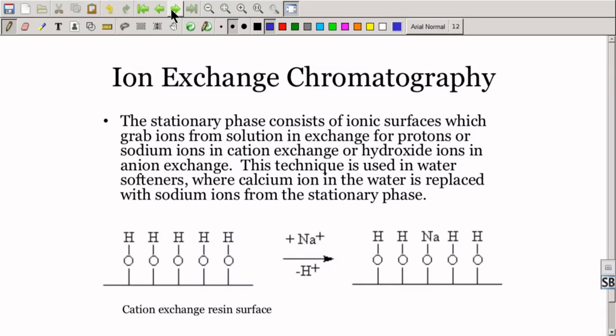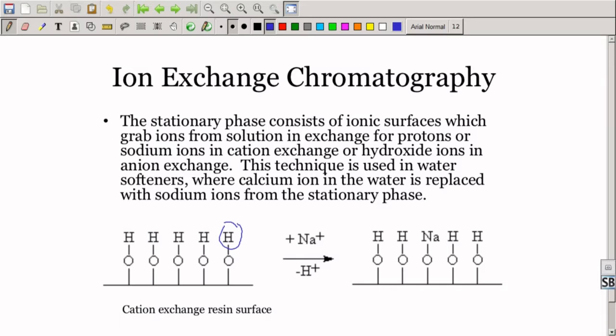Classic ion exchange chromatography works like this. You've got a resin with a surface that has a bunch of OH groups. And the way this resin is set up, these hydrogens are acidic. And so if you run the right ion across this surface, what happens is the ion replaces the proton on the surface.